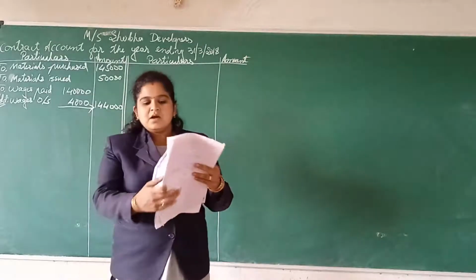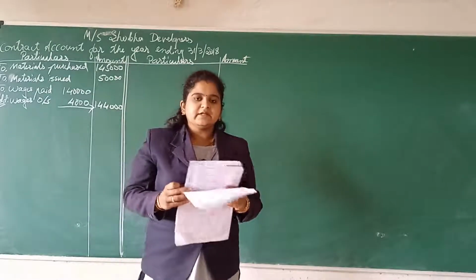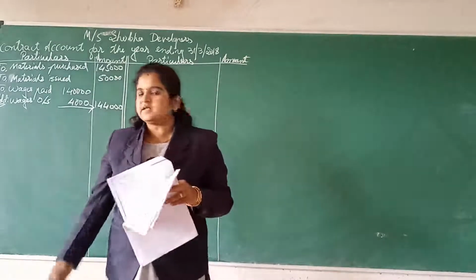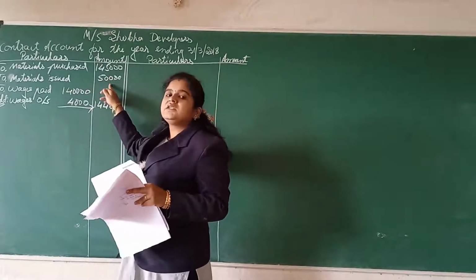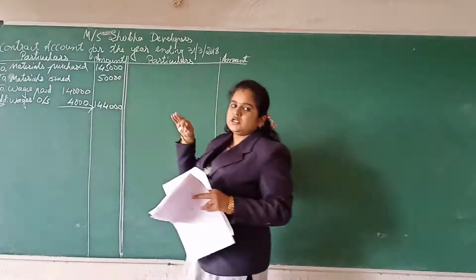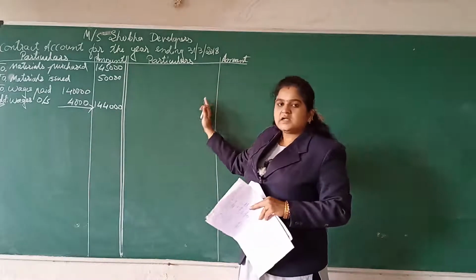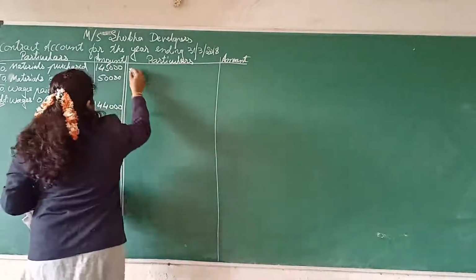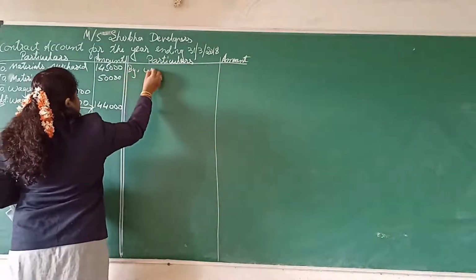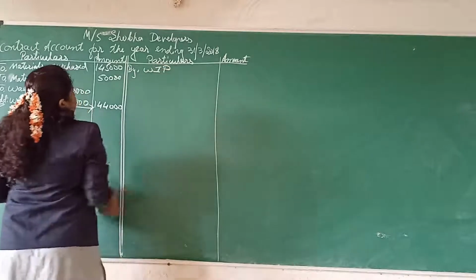Now next, materials returned. Out of the issued 50,000, 3,000 of materials are returned. So that has to be shown on the credit side of the contract account. Always on the credit side, the first item will be work in progress.